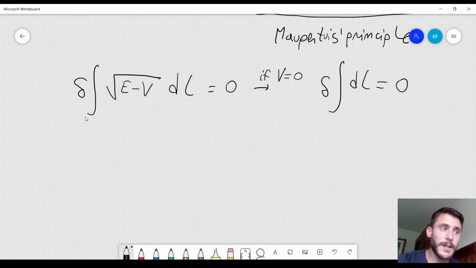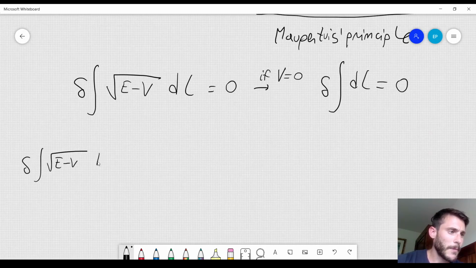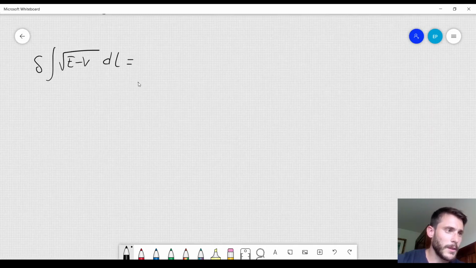But if there are some forces acting on the particle, we have to rewrite this equation here. I have to vary the path by changing r. So the variation of that can be written like this. Integral, I have to take the derivative of the square root with respect to r, and of course e is a constant, but what depends on r is v.